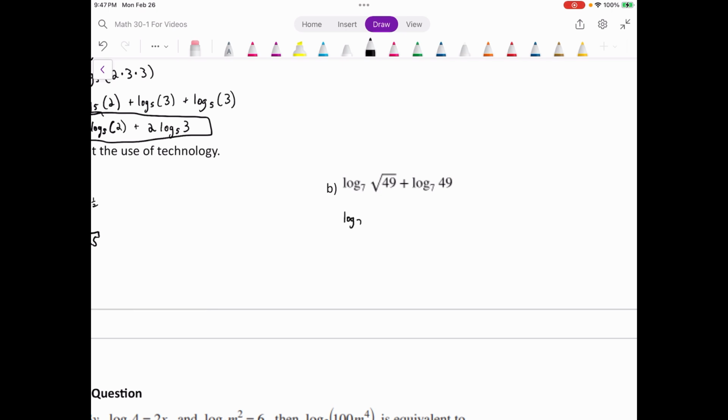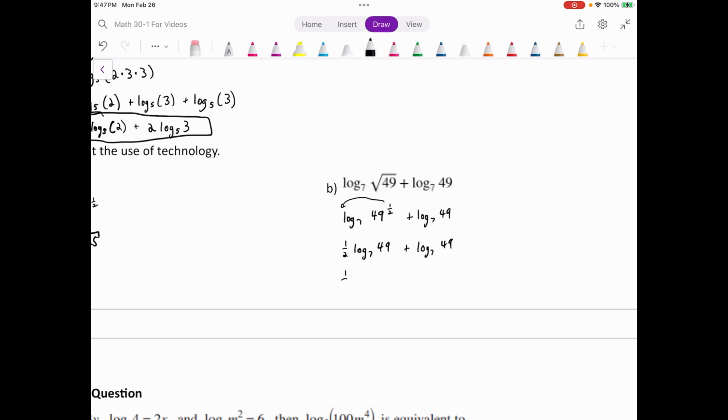So this is log base 7 of 49 to the power of 1/2 plus log base 7 of 49. And then we could bring down our 1/2, right? So this is half of log base 7 of 49 plus log base 7 of 49. Well, log base 7 of 49, 7 to what power is 49? 2, right?